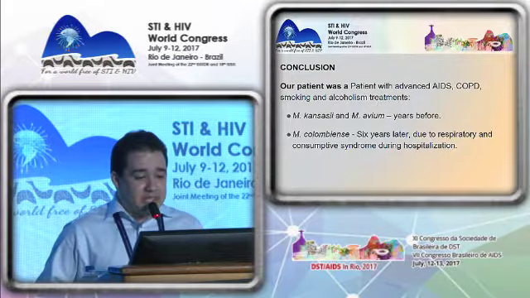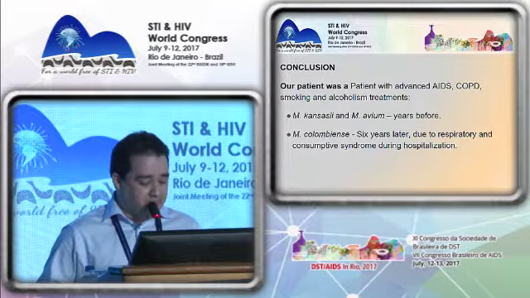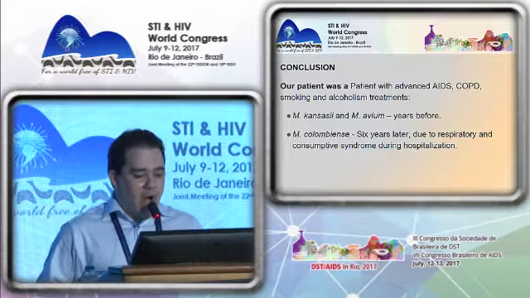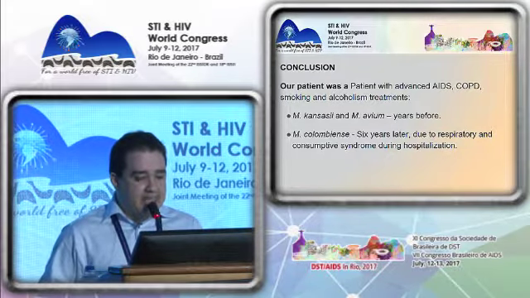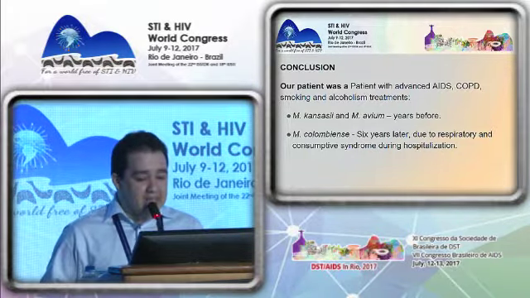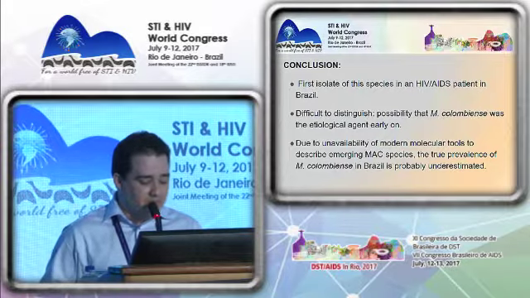Our patient was a patient with advanced AIDS, COPD, smoking, and alcoholism. Mycobacterium kansasii and Mycobacterium avium were detected in his sputum years before, and 6 years later, Mycobacterium colombiense was detected due to respiratory and consumptive syndrome during hospitalization.